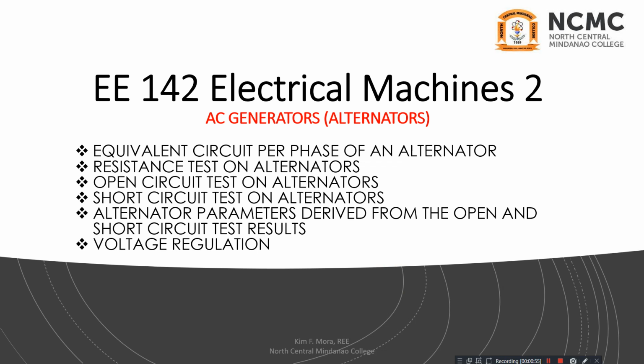So we have discussed the topics about the frequency of voltage in an alternator, the generated voltage in an alternator, about the coil span, the pitch factor, the distribution factor, and lastly, the corrected voltage of an alternator. So today, I will discuss to you these 6 other topics under the AC generators.